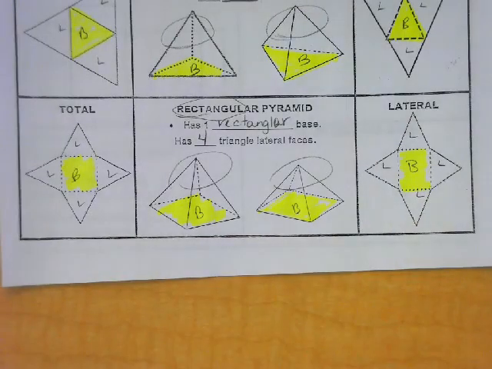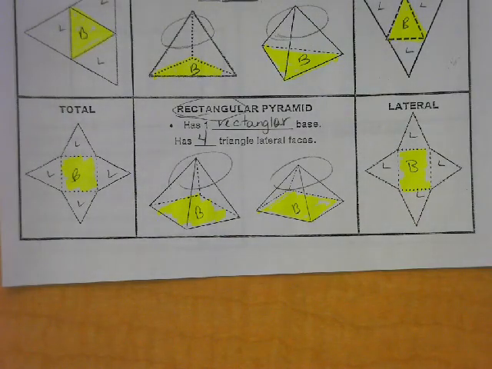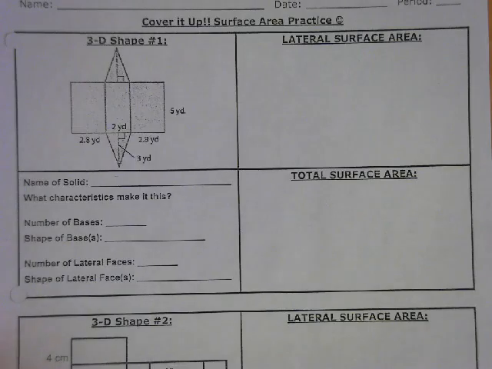Okay? So we're going to do a little bit of practice and actually calculating some of these now. Okay, but we needed to take some time to learn the vocabulary and make sure we can identify the different pieces. All right, so now I want to practice with you on actually doing some calculations.